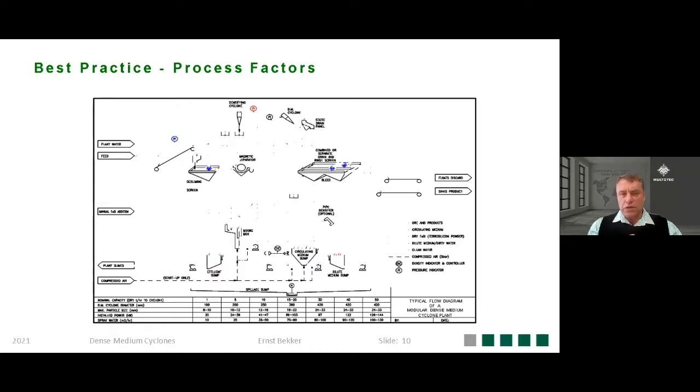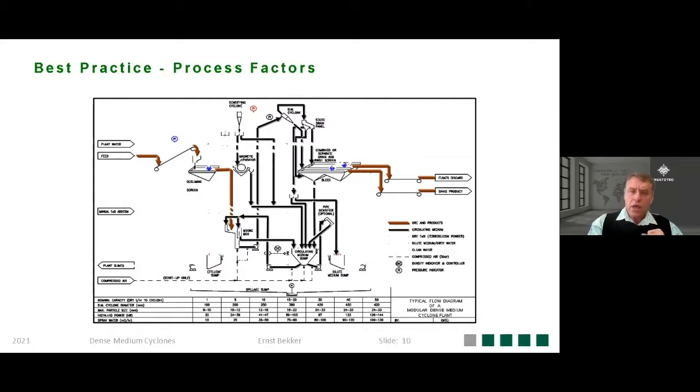In this flow sheet, of which you now only see pieces of equipment, you've got the following streams. You've got the ore stream coming into the process from the feed side on the left-hand side, and it exits the process in terms of a floats and a sinks fraction. You've got the correct media circuit, where the media that's used to do the separation is.